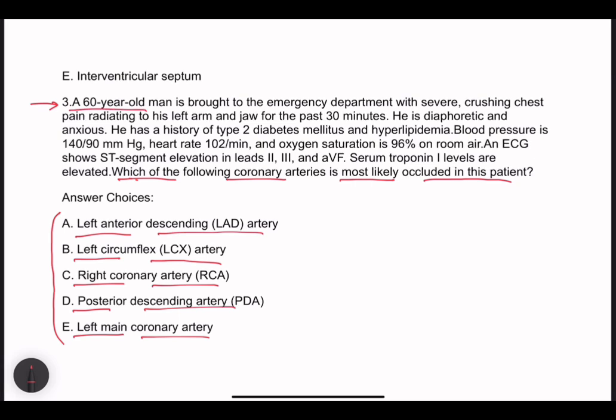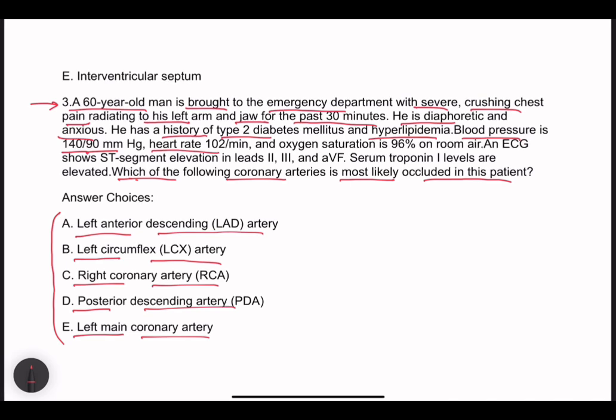A 60-year-old man is brought to the ER with severe crushing chest pain radiating to his left arm and jaw for the past 30 minutes. So this patient has classical angina symptoms. He is diaphoretic and anxious. He has a history of type 2 diabetes and hyperlipidemia. The blood pressure is 140 by 90 mm Hg.